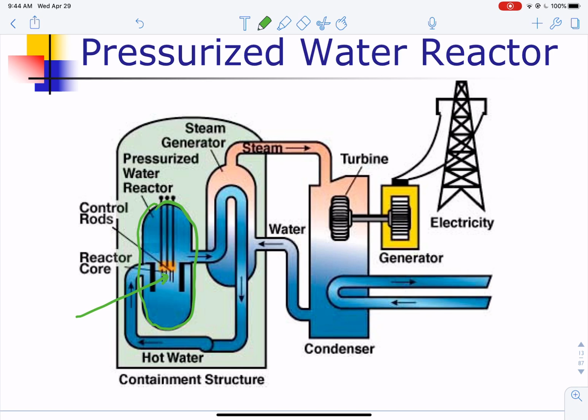The control rods are right here. These are actually control rod assemblies, clusters of rods made out of cadmium and boron to absorb neutrons.